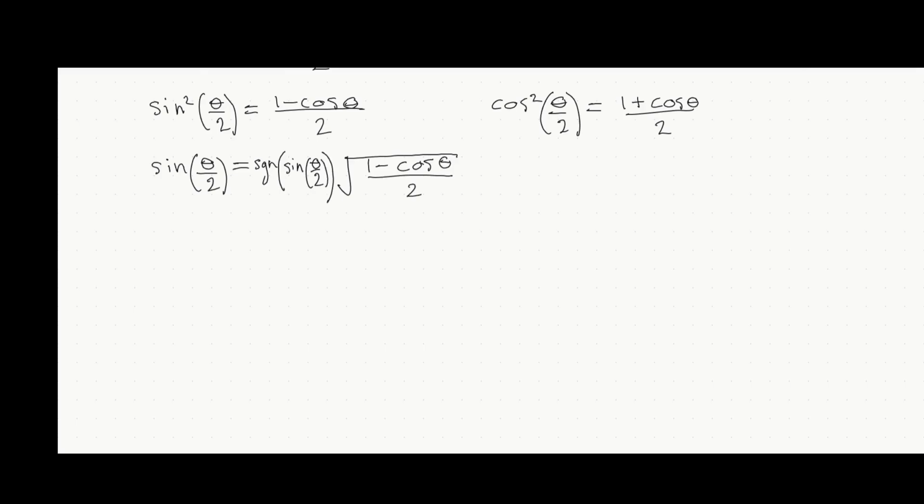Okay, and then a similar argument for cosine. We'll square root both sides, and we'll do a quadrant check on the cosine of theta over 2. And we have root 1 plus cosine theta over 2.